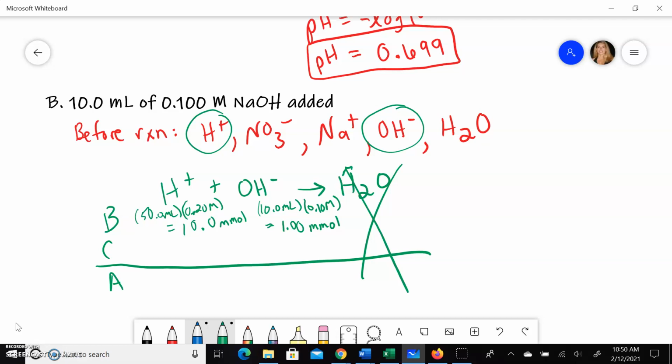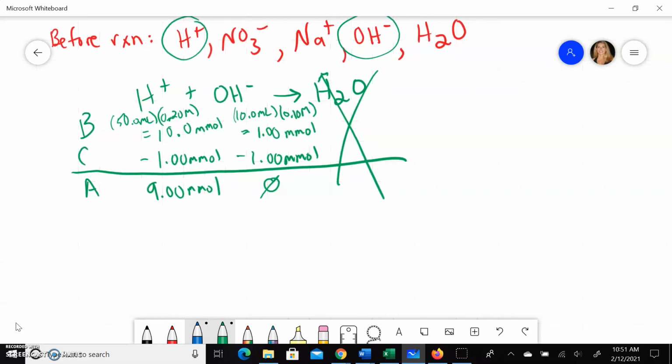And so when we subtract these, you just subtract it until you run out of one of them. So we're going to run out of the hydroxide first. All right, so now we have 9 millimoles, and if you wanted to put it in moles too, that's fine. You just have a different decimal place.